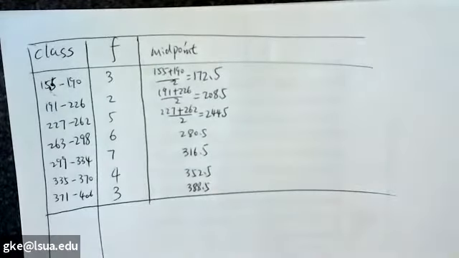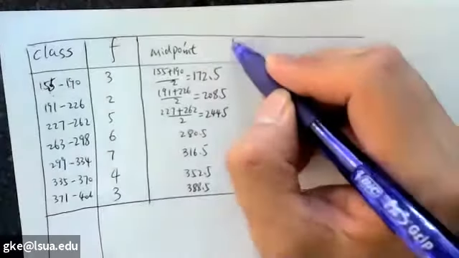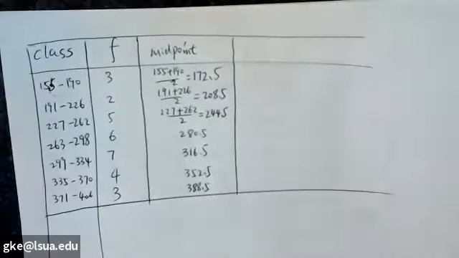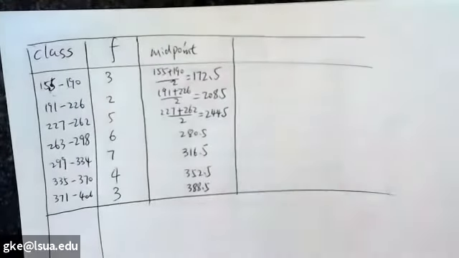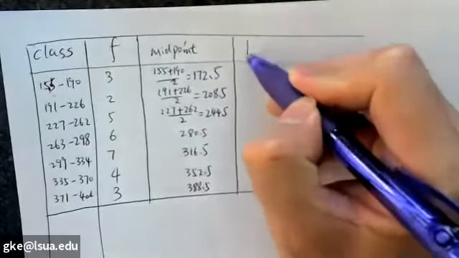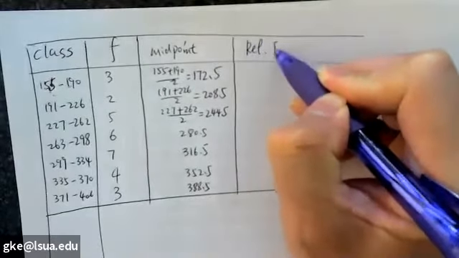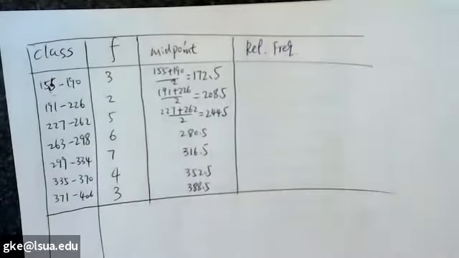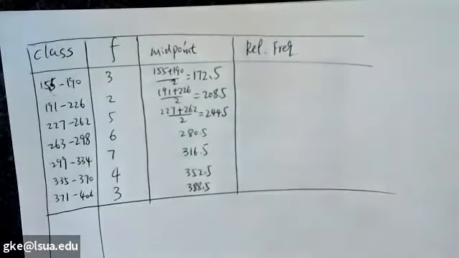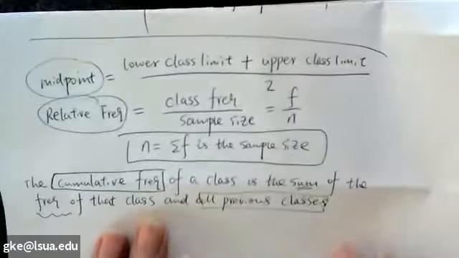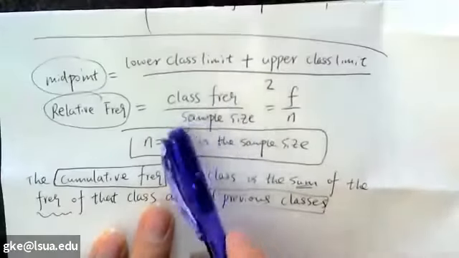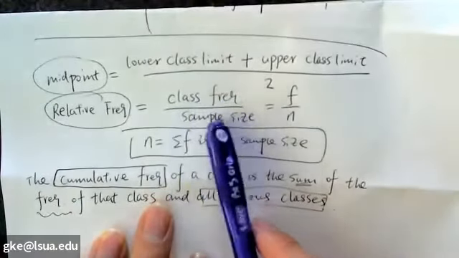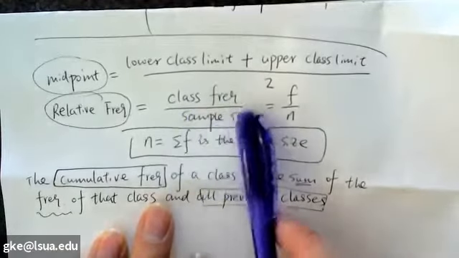Now we're going to go to the second terminology, how to calculate the relative frequency. As I mentioned before, the relative frequency is defined by the class frequency divided by the sample size.